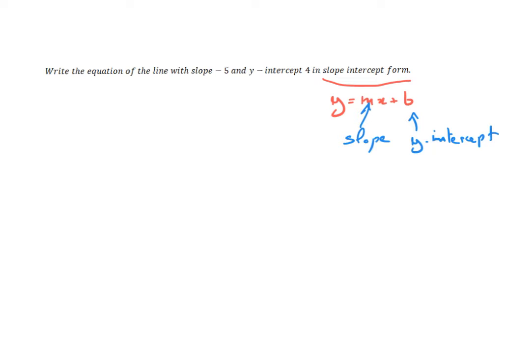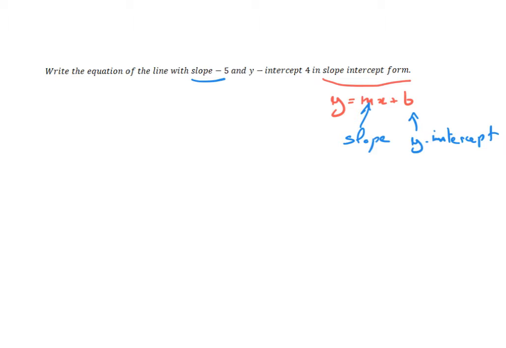The y-intercept is the point where the line intersects the y-axis. That's called the y-intercept.